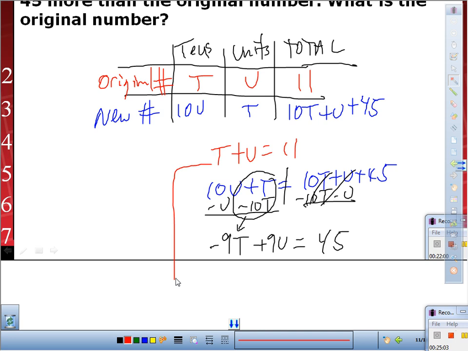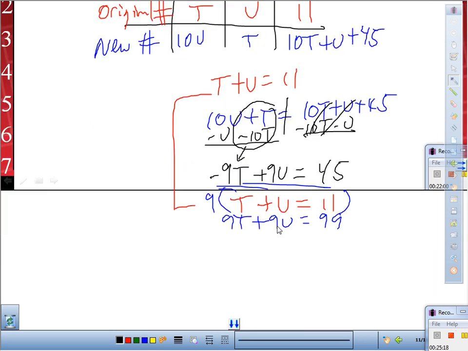And now we bring down the original. T plus U equals 11. And now we're going to eliminate T, so we multiply times what? 9. So there's 9T plus 9U equals 99. So therefore, these cancel. We're left with 18U equals 144.